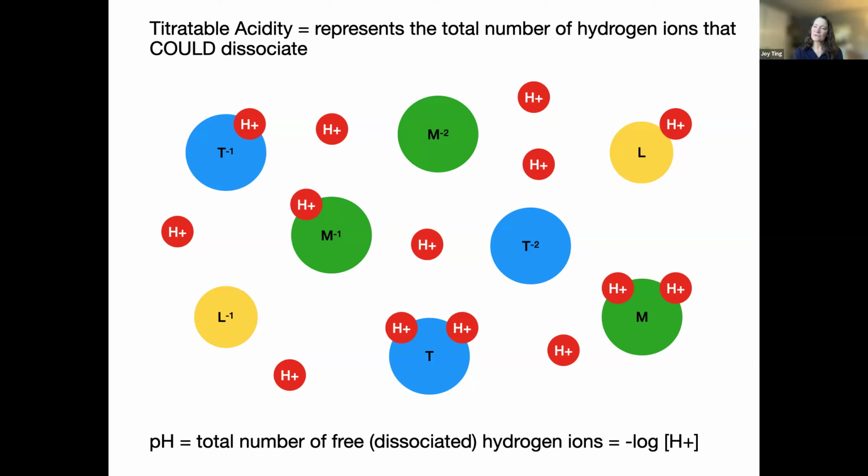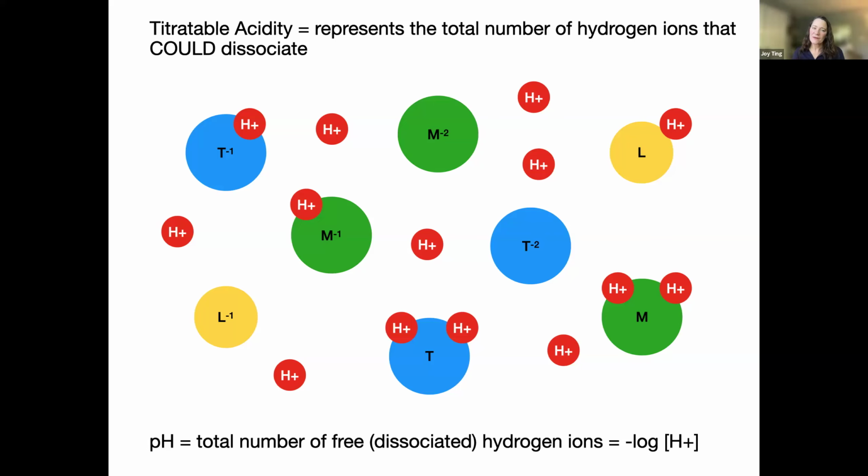Whereas lactic acid, because we've chopped off that one side of it, has less of an impact on titratable acidity because it has fewer dissociatable hydrogen ions to participate. So when the wine goes through malolactic fermentation, we would hypothesize that the titratable acidity would go down because we're going from a diprotic to a monoprotic acid.